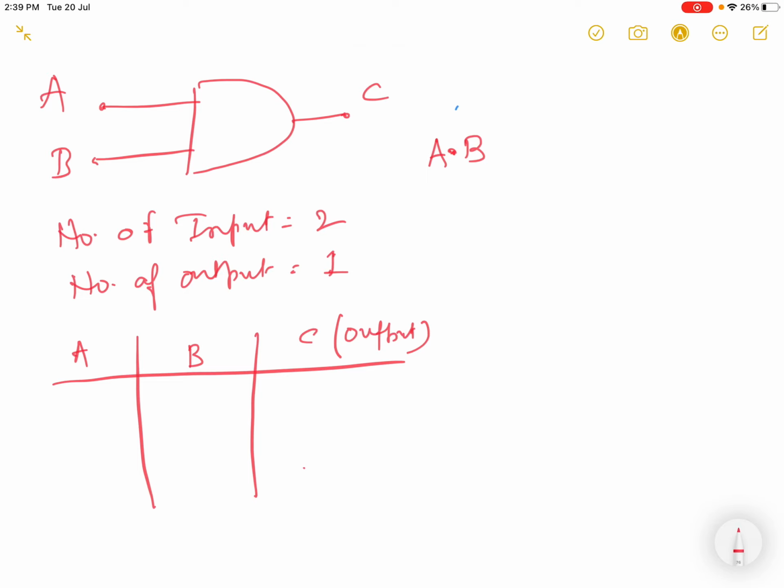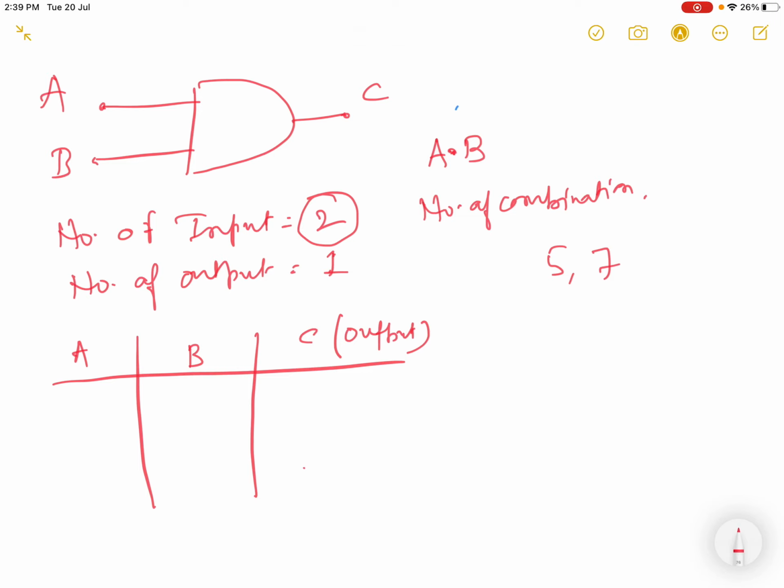See, how many inputs are there? There are 2 inputs. So for 2 inputs, the number of combinations. What do you mean by number of combinations? Suppose that you have two integers, 5 and 7.